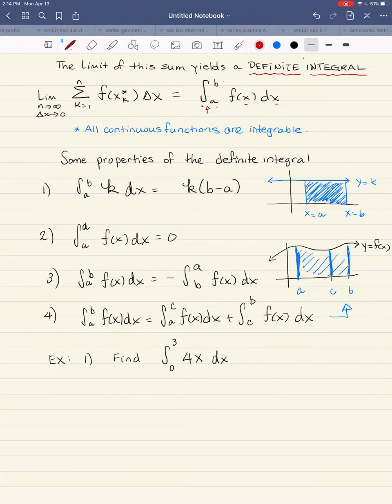The a and the b are called the limits of integration. The function whose area we seek will be called the integrand, but it's the height of each rectangle. The dx is the width, and so we've got an integral sign, the integral of f with respect to x from x is a to x is b.